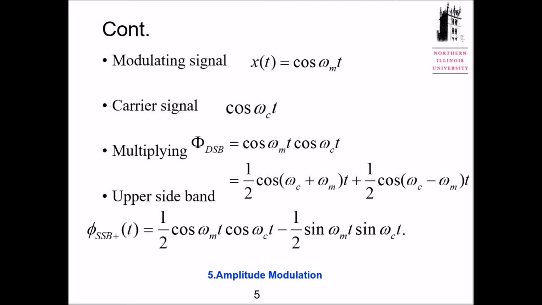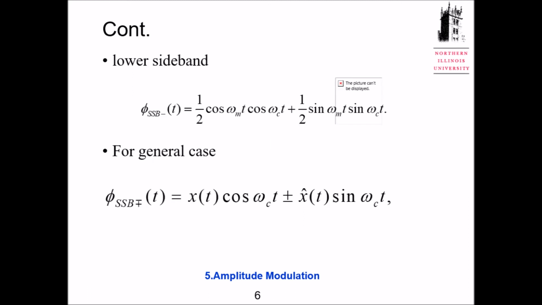For the lower sideband, we're going to find similar things. For the lower sideband, we have cosine of (omega_c minus omega_m)t. So we have cosine times cosine plus sine times sine. Here is my message, my carrier, my message with a shift, and my carrier with a shift. So we get the lower sideband.